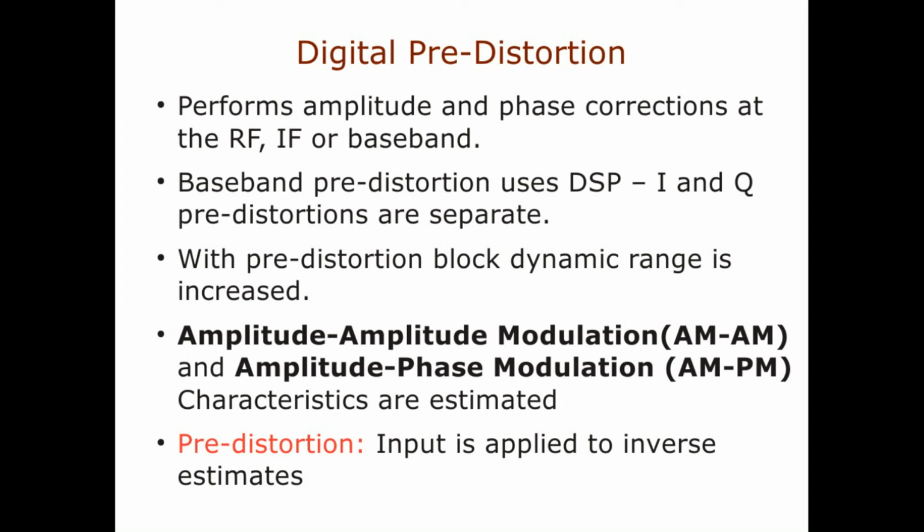When you pass it over the system, at the output, if this tone experiences an amplitude shift as well as a phase shift, we are going to apply the inverse of the amplitude and the phase shift such that the distortion of both amplitude and phase gets nullified when it comes out of the system.